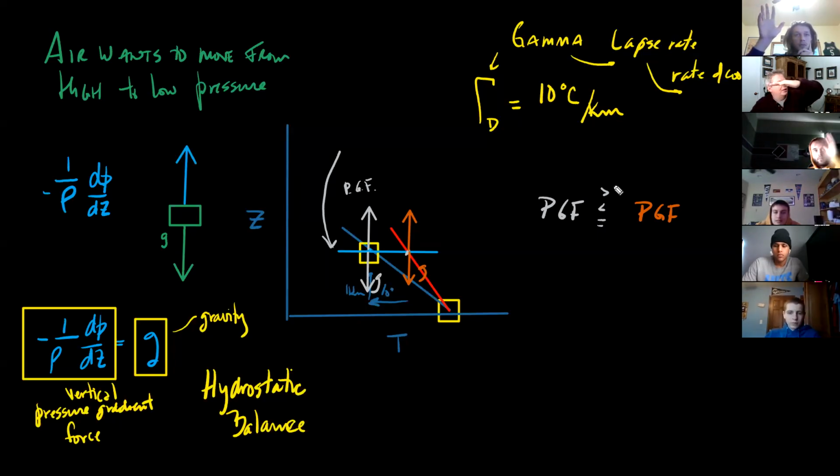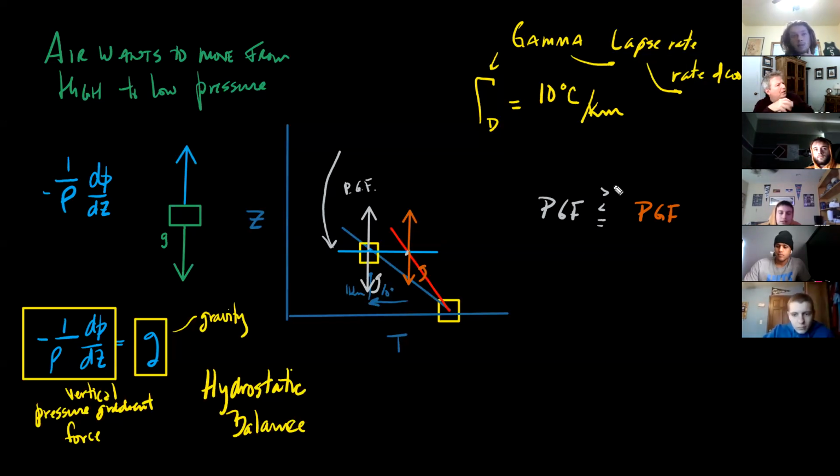How many people say it's equal? So give me left is greater than right, left is less than right, or equal. Okay. I have a couple people with different answers. Some people are pointing up, some people down. Which one is it?